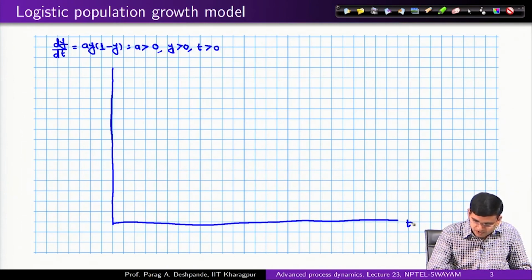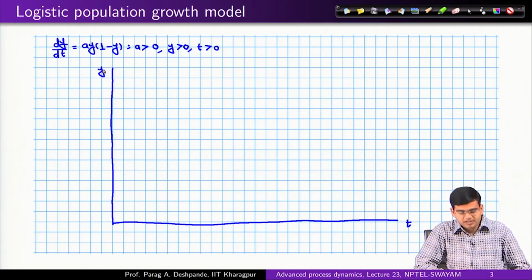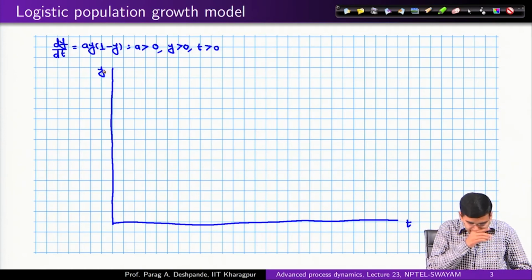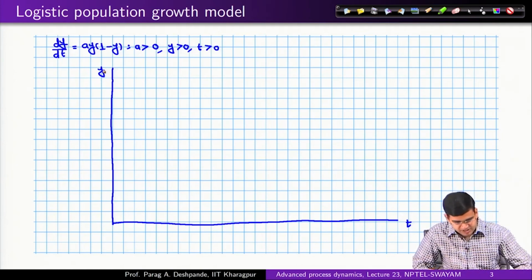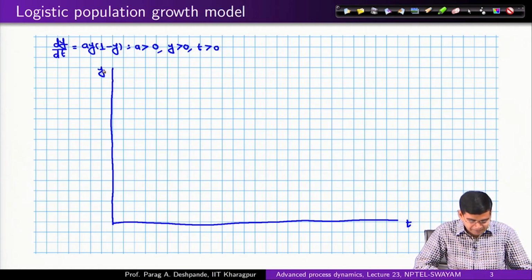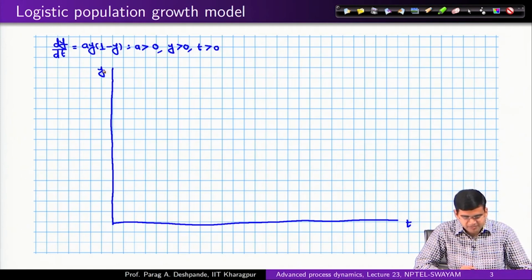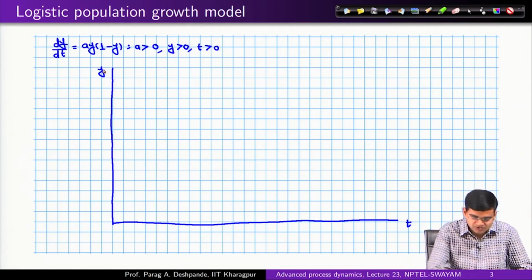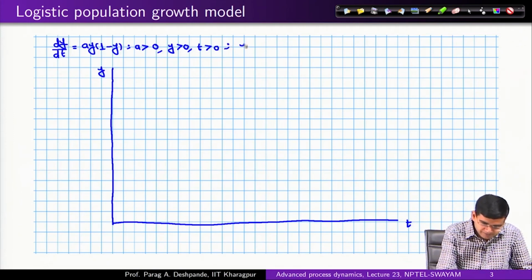So, therefore, I am drawing the coordinates like this. Okay. Now, given that this is the plane in which I need to draw all the phase lines which are the solutions to dy/dt = a y (1 - y), what do I need to do? First thing which I always do is I mark the equilibrium solutions, right. So, I know that y equilibrium is equal to 0 and y equilibrium is equal to 1.